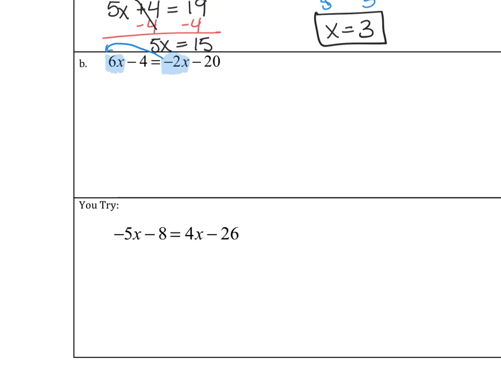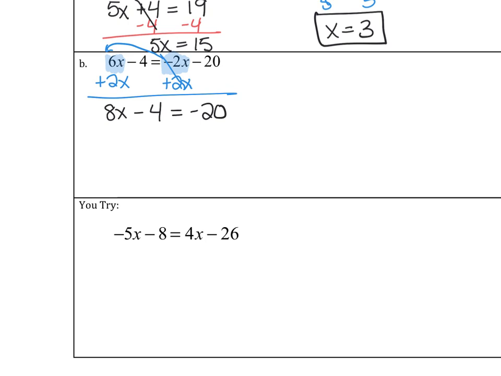Since it's a negative 2x, I'm going to add it to take it away from the right side and move it to the left side. So when I take it away from the right, I am now left with 6x plus 2x is 8x, still have a minus 4, still equals a negative 20.